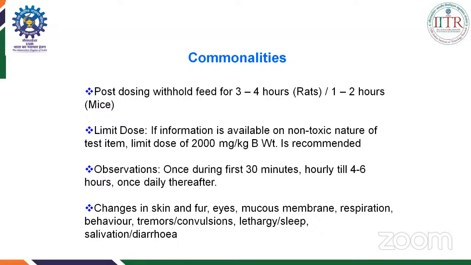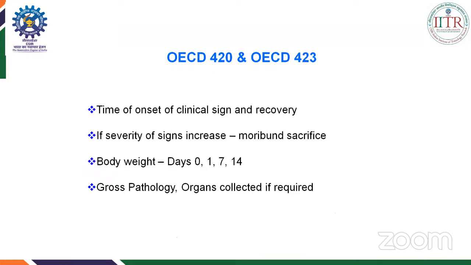Since it is an acute study, there is just one single dose exposure for the animal. The animals need to be fasted before exposure to the test item. Body weights are measured on day 1, 7, and 14. So this is a 14-day observation study.